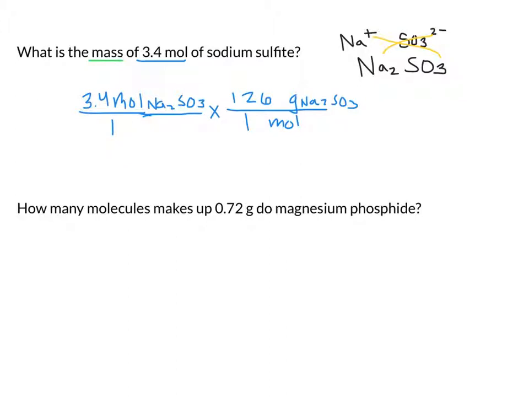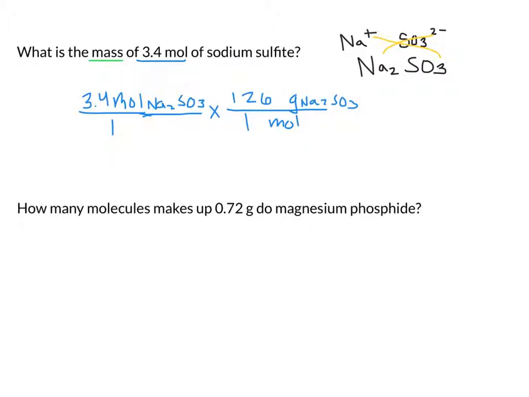I paused the video and calculated my molar mass, and I got 126 grams of sodium sulfite per mole. I got this number by adding up sodium twice, plus 1 sulfur, plus 3 oxygens, and I rounded everything to the nearest whole number. For sodium I used 23, for sulfur I used 32, and for oxygen I used 16, and I made sure to account for those subscripts as well.